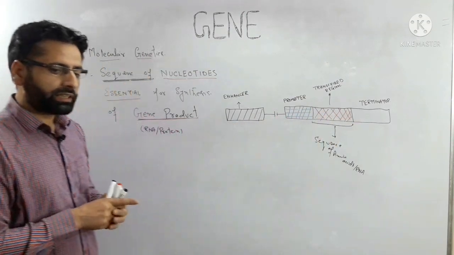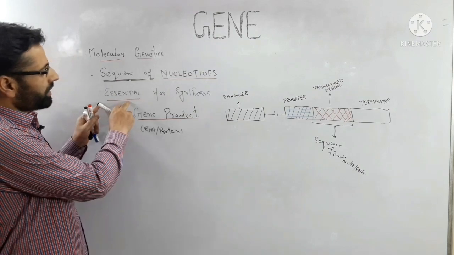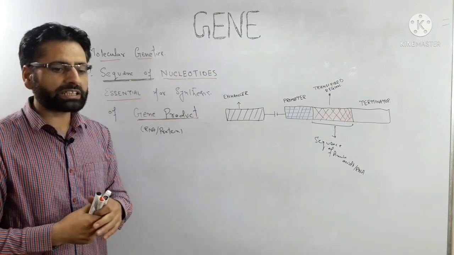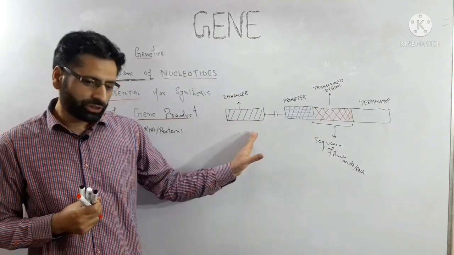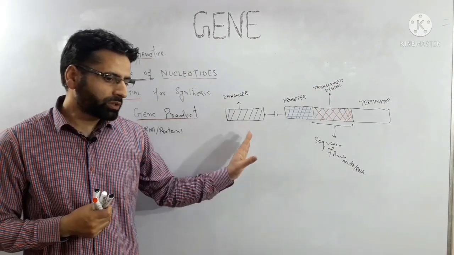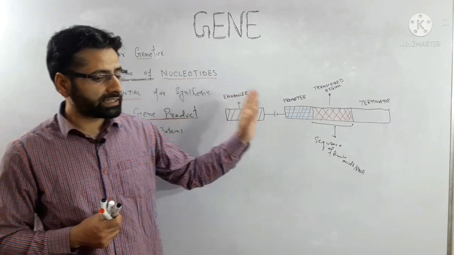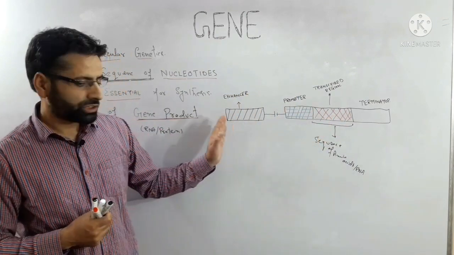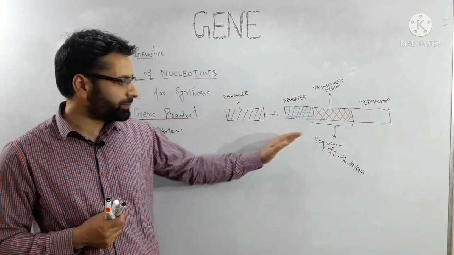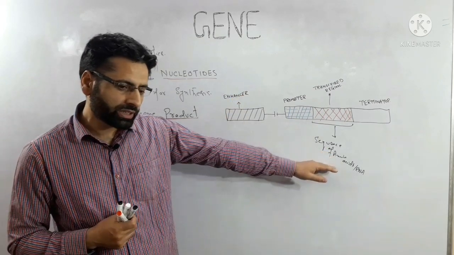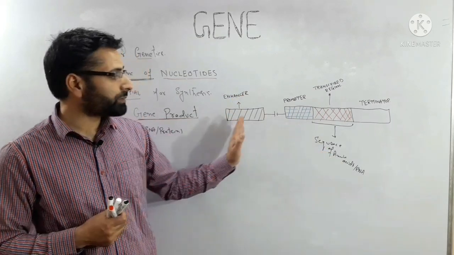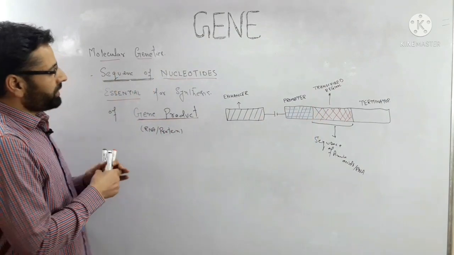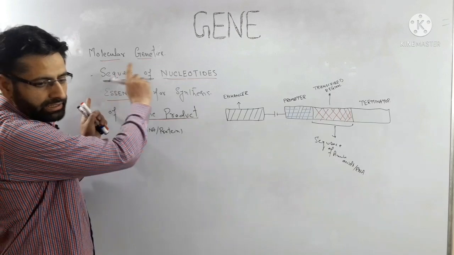So, in the definition of gene, we are including coding sequences as well as some non-coding sequences. Those non-coding sequences are essential for the activity of the gene. Although those sequences are not by themselves getting translated into the sequence of amino acids, their presence is important for the functioning of the gene. So, we have a sequence of nucleotides.